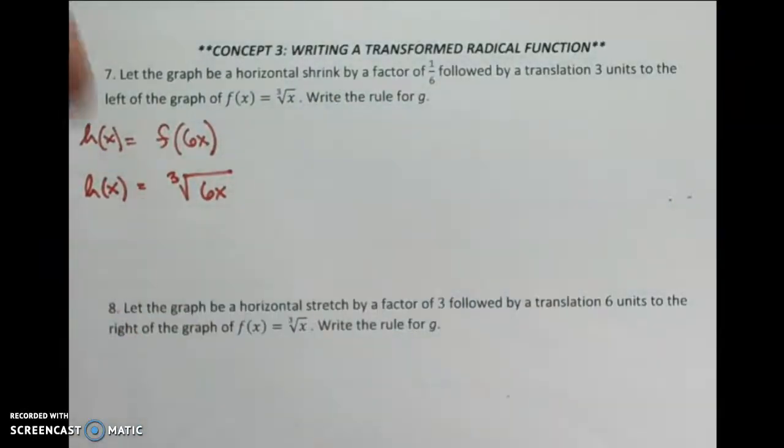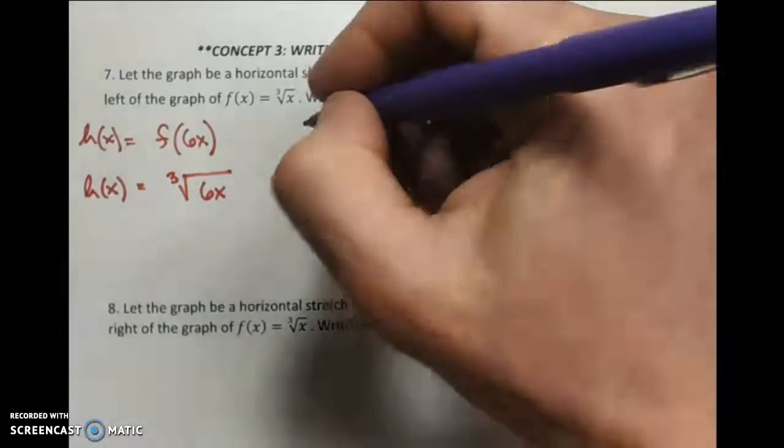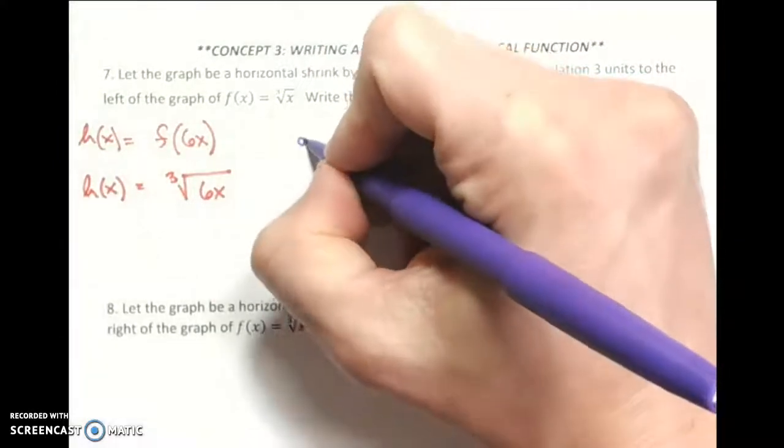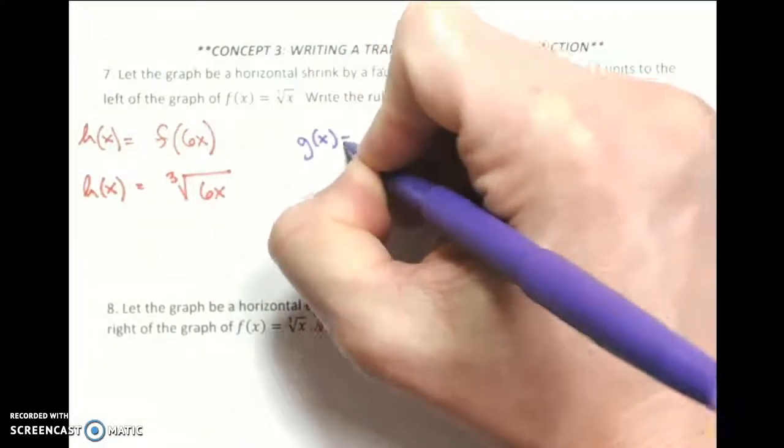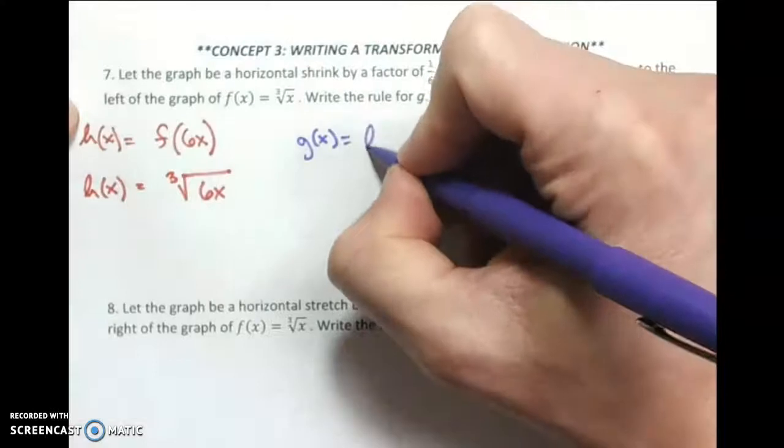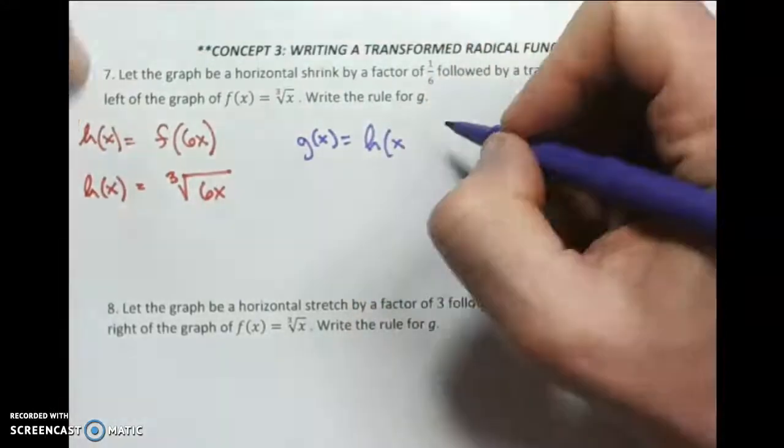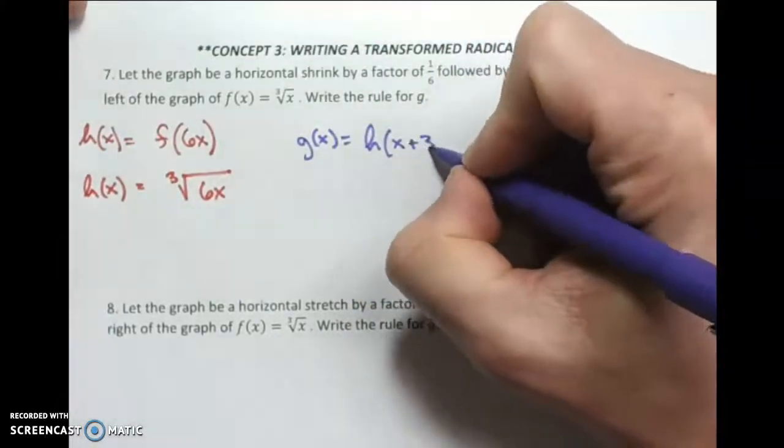Second part is now the transformation 3 units left. Okay, and that's also horizontal. So now I'm going to go to that g of x, and it's going to be h of x plus 3.